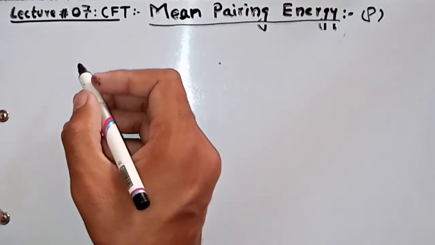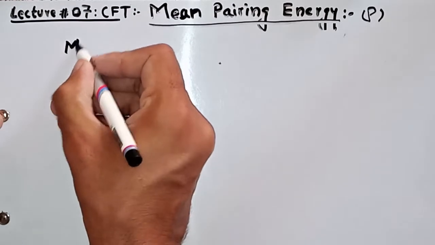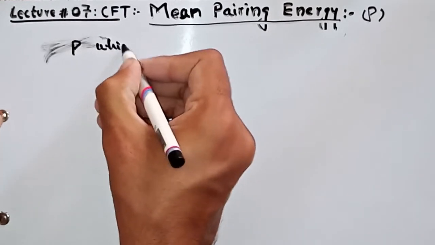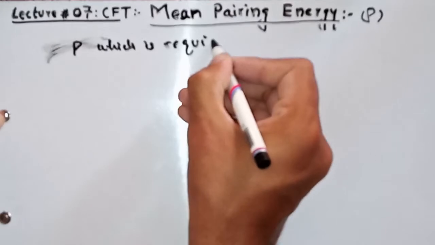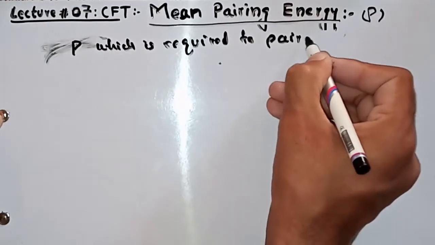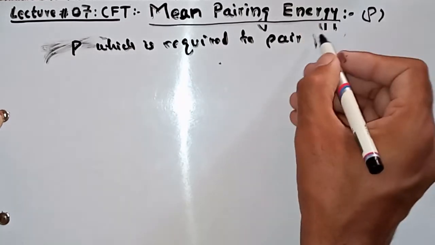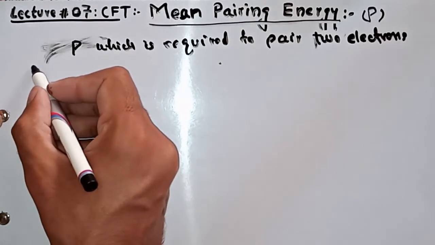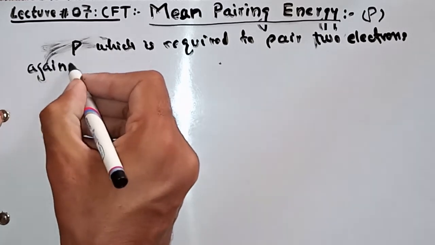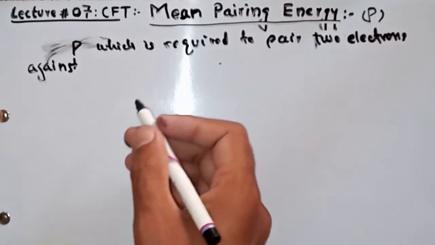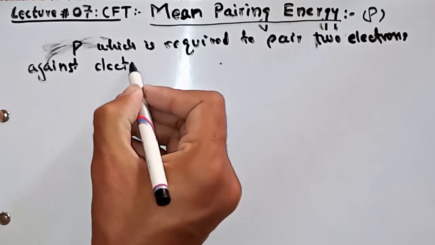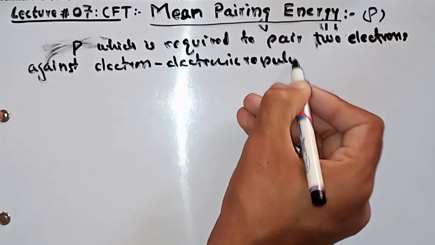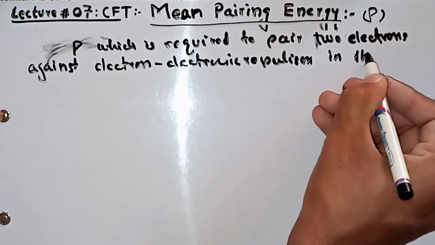How can you define the mean pairing energy? Mean pairing energy is the energy which is required to pair two electrons against electronic repulsion in the same orbital.